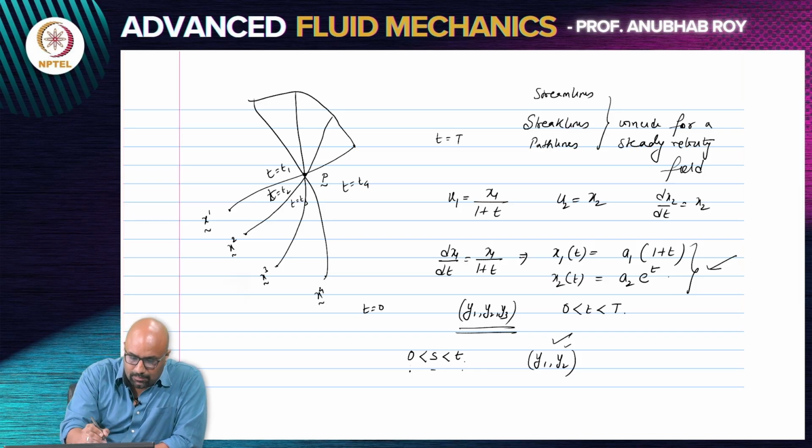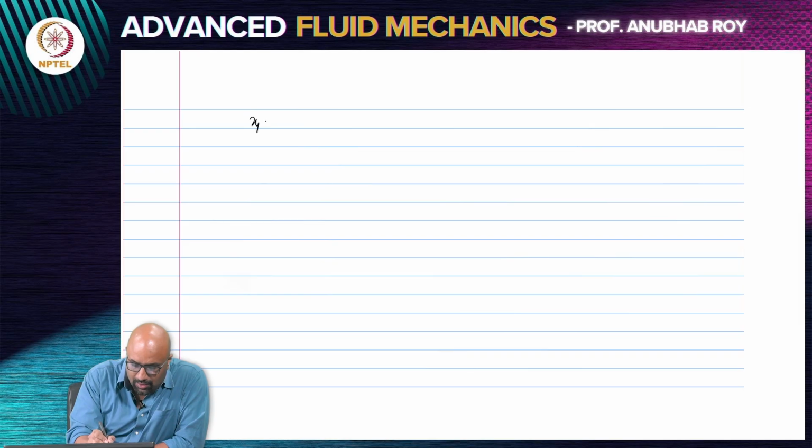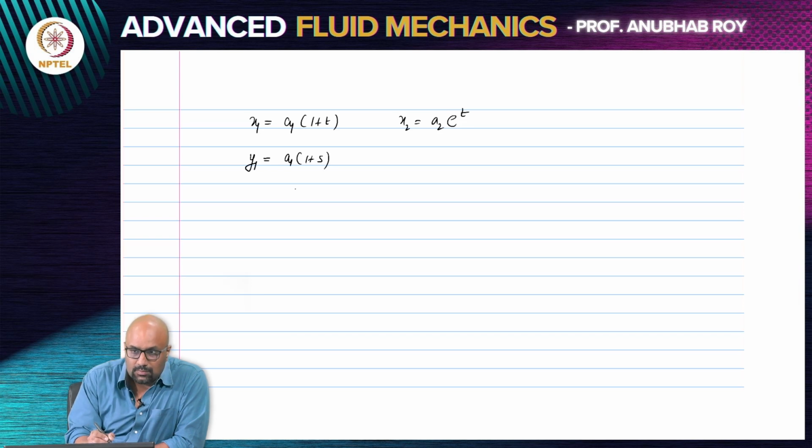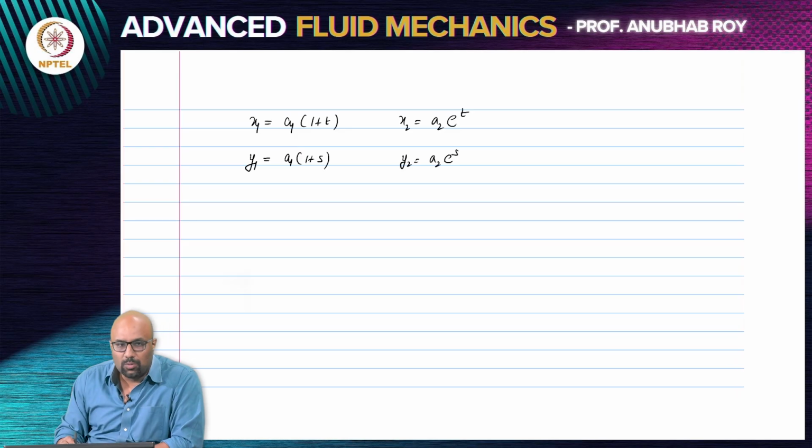So if we work this out with these path line equations, at t equals s, x1 is equal to y1, at t equals s, x2 is equal to y2, right?